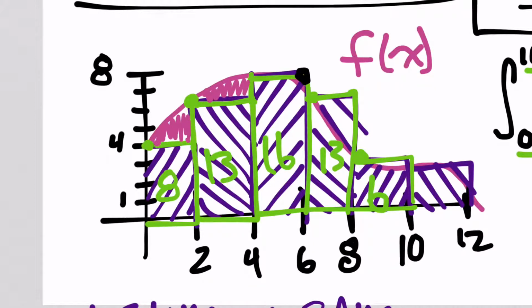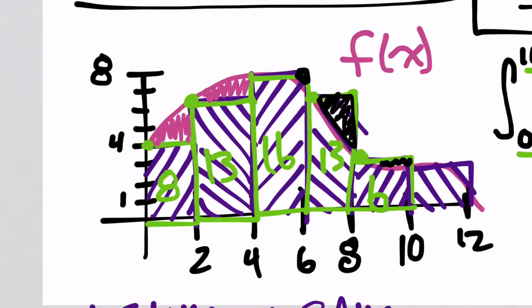And then if you look at the 13, I have a lot of extra stuff right there. And I have a little tiny bit of extra stuff right there as well. So one way to look at it is that on some of the rectangles on the right, I'm getting too much, I'm getting more than I should have. And on some of the rectangles on the left, I'm getting too little, I'm getting not enough. So maybe they can balance each other out a tiny bit.